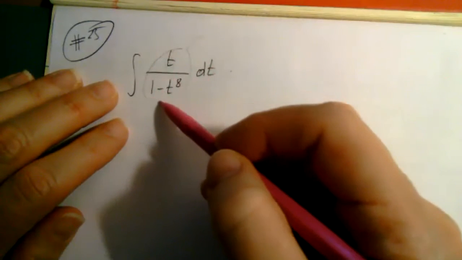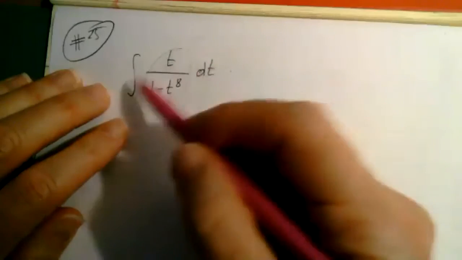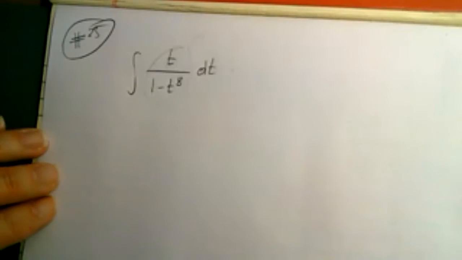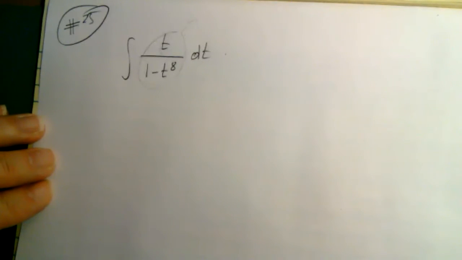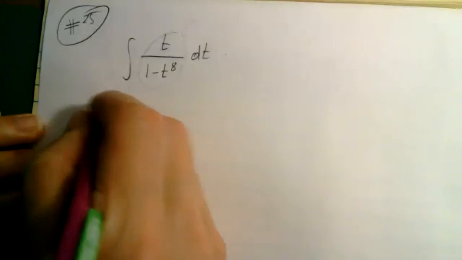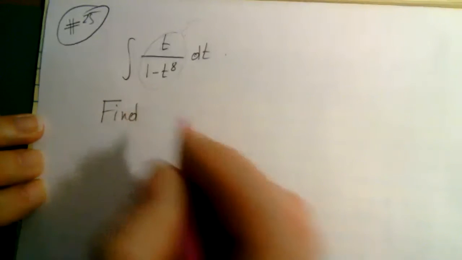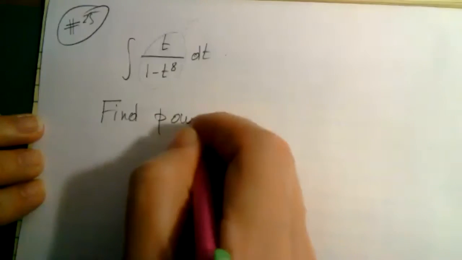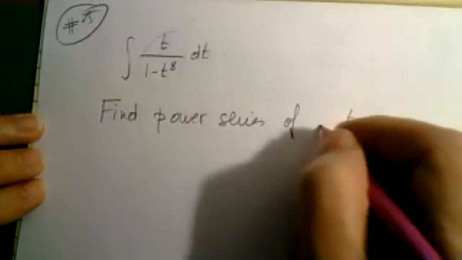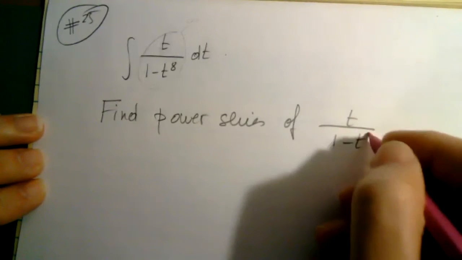So how does this work? First, we find the power series of the term inside, and then we integrate term by term. Now, the one inside is not really hard because we've done this before, right? So first we need to find the power series of t over 1 minus t to the power 8.